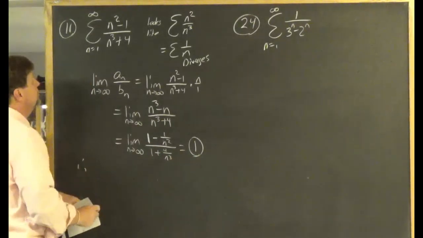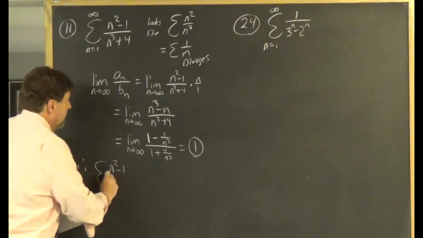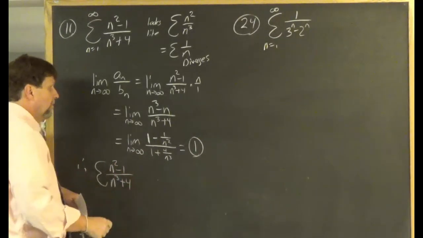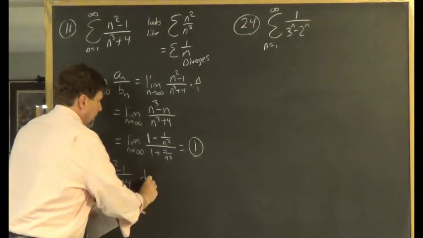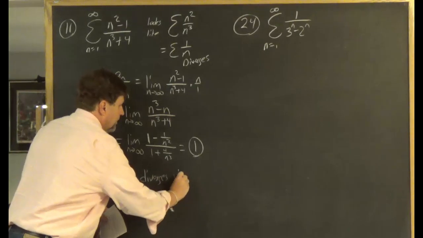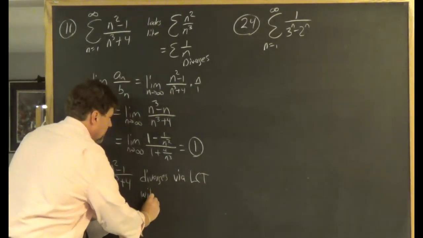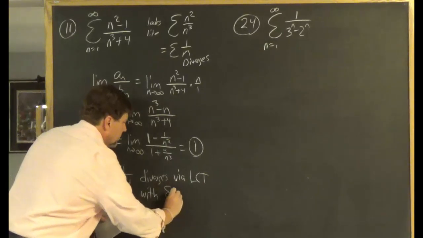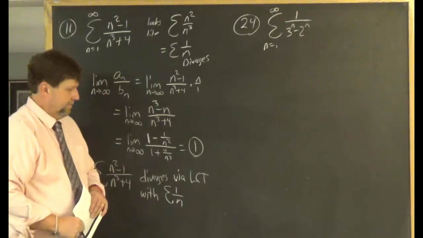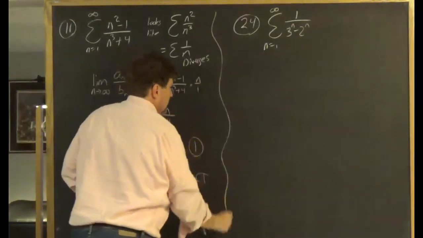Our conclusion: the series n squared minus 1 over n cubed plus 4 diverges, thanks to the limit comparison test with the known divergent harmonic series. Pretty cool.